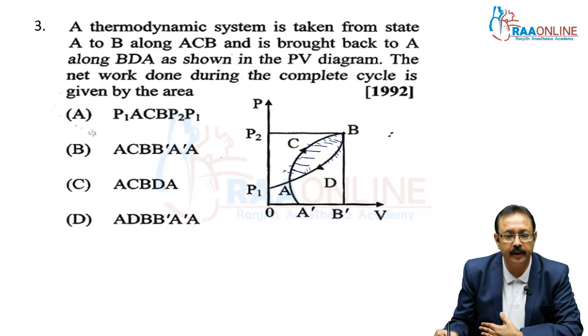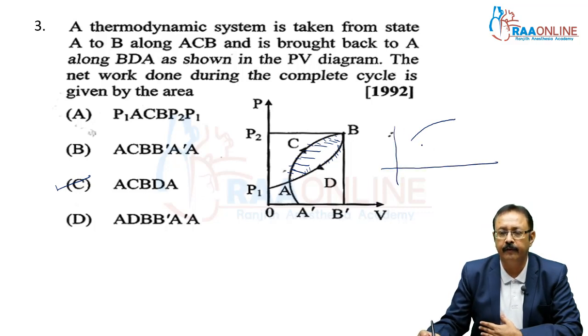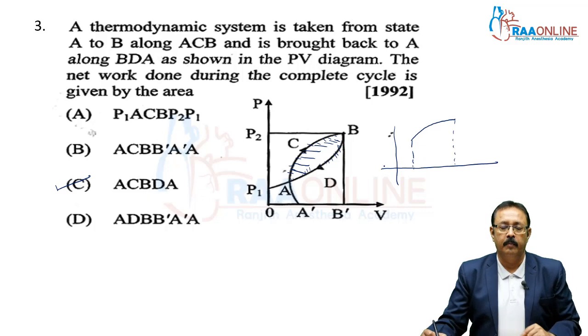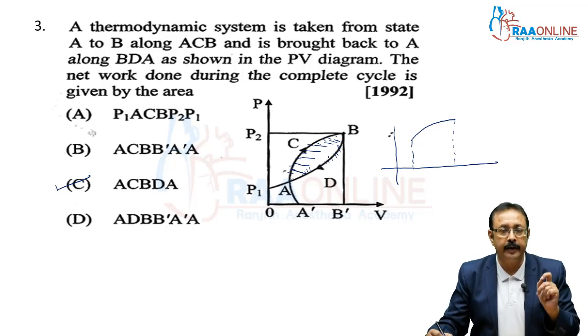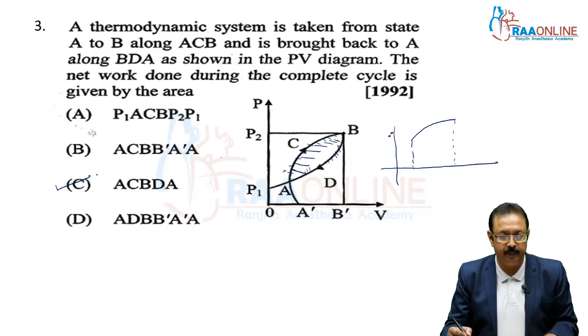So we are going with option C. If it is not a closed loop, then you have to take the area enclosed by the curve with the volume axis, which will give you work done. But if it is a closed loop, the area under the loop will define work done. So we are going with option C.